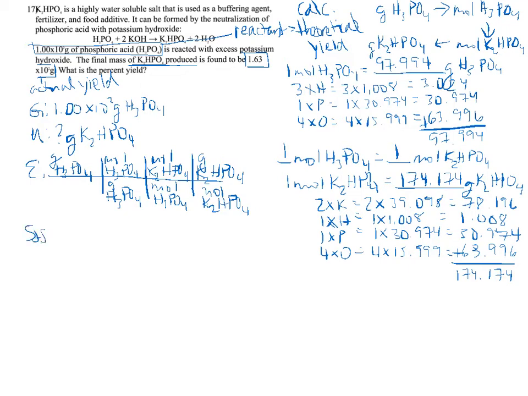So substituting in, we've got 1.00 times 10 to the second grams of H3PO4, which is given to us in the problem. Molar mass is always 1 mole of our substance. Then we get our molar mass of the phosphoric acid, that's 97.994.